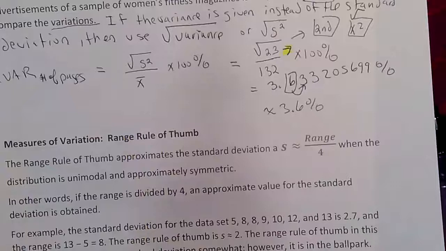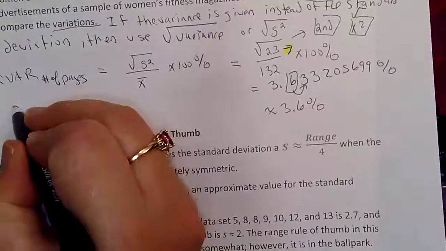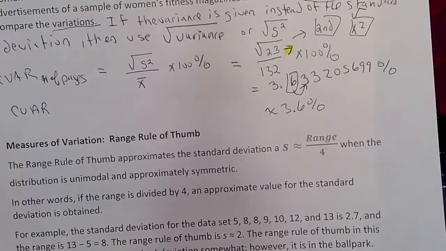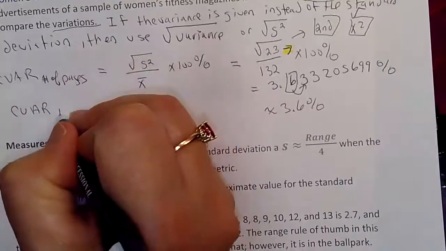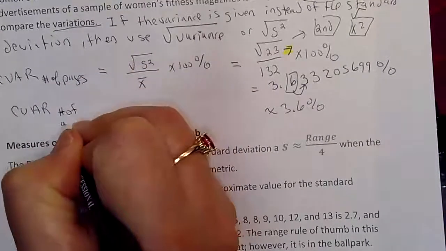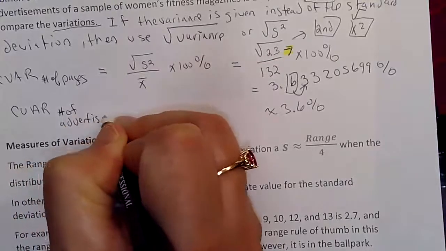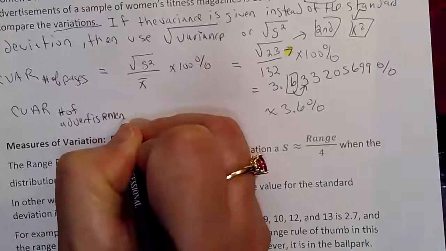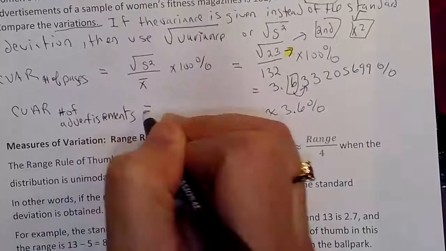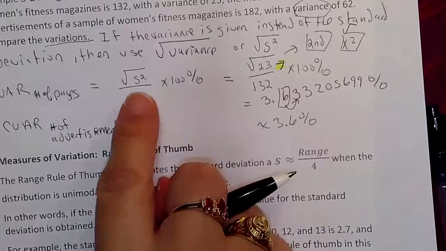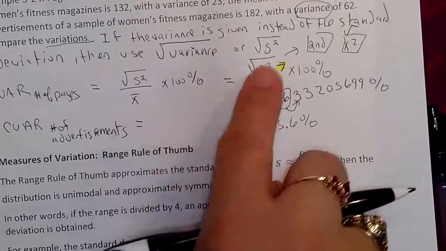Okay. So then the other formula is CVAR. Looks like it's the number of advertisements. Number of advertisements. And we're using the same formula, because variance is given here.